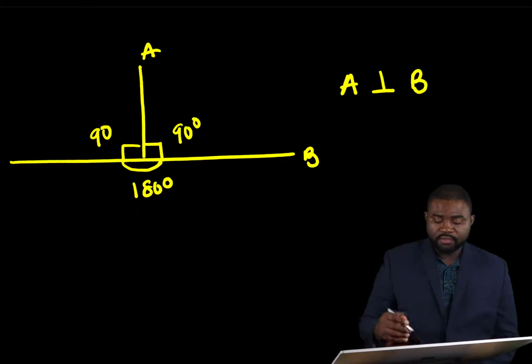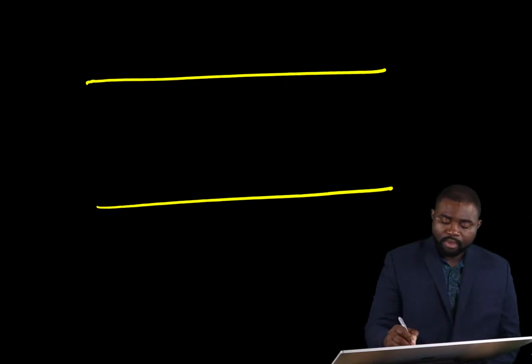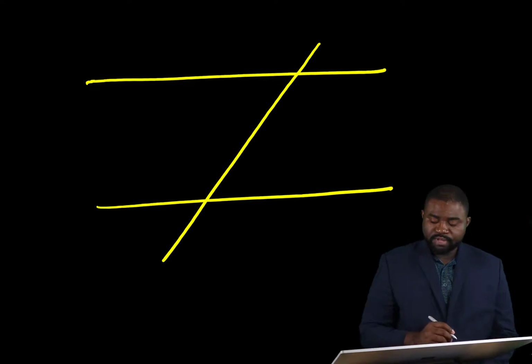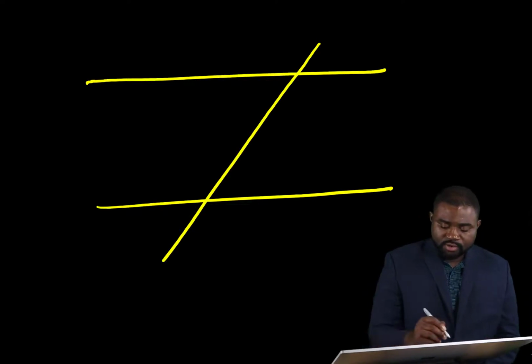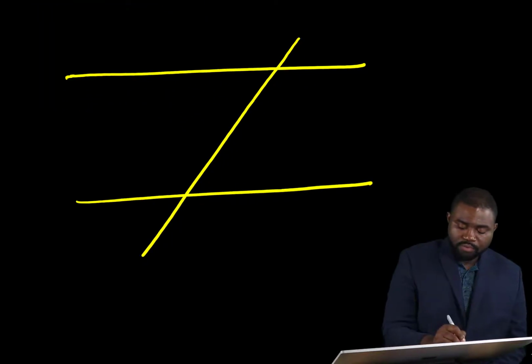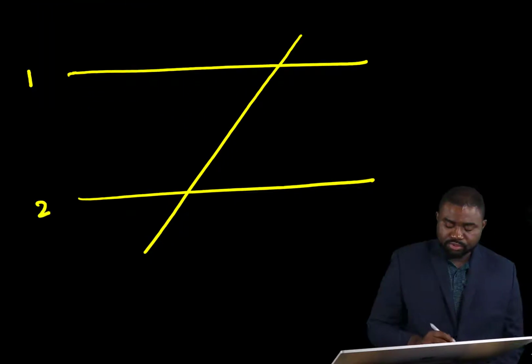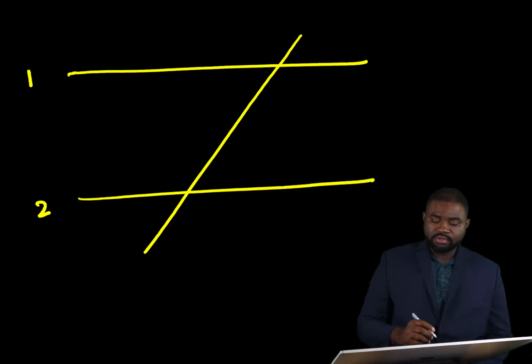On the other hand, if we have two parallel lines and a line striking through them, this is line 1 and this is line 2. We're going to define a couple of angles here.